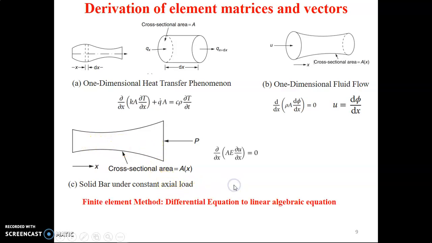By using the finite element model, we will be converting these partial differential equations for each case into a set of linear algebraic equations for the elements which we will use to discretize these domains along the x direction.